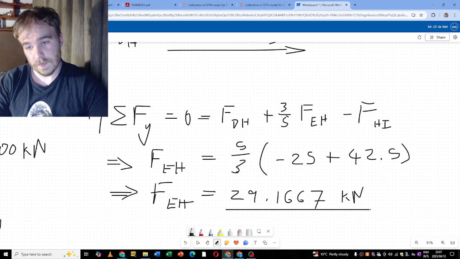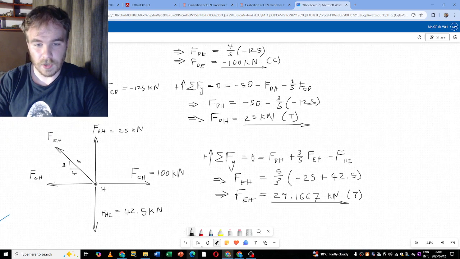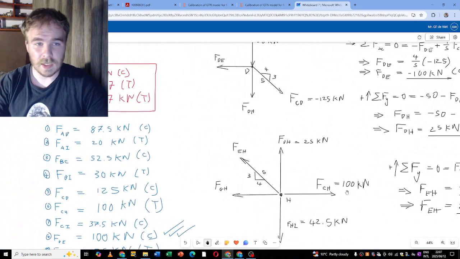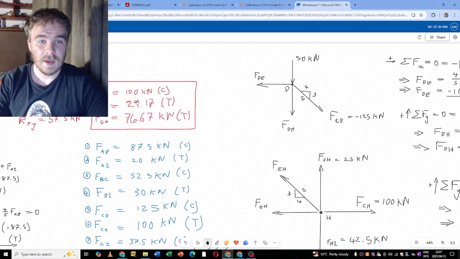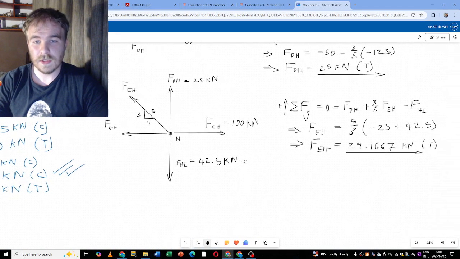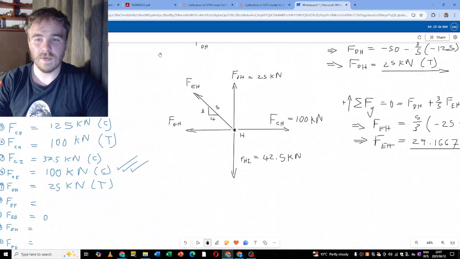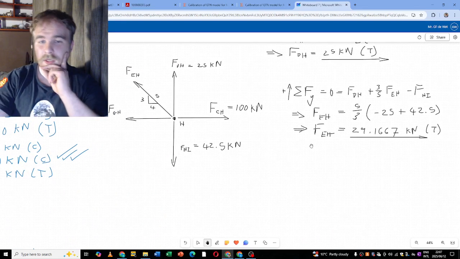Kilonewtons, and it is in tension. Now, magnitude wise, it seems to be exactly the same as what we got previously, and it's also in tension. So hey, we seem to have been going strong this round.